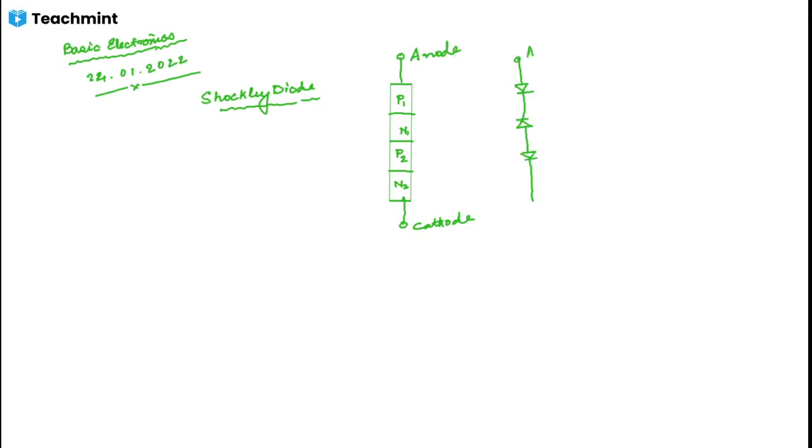This is the anode, this is the cathode. This is the D3 diode, this is the D2 diode, this is diode 1.